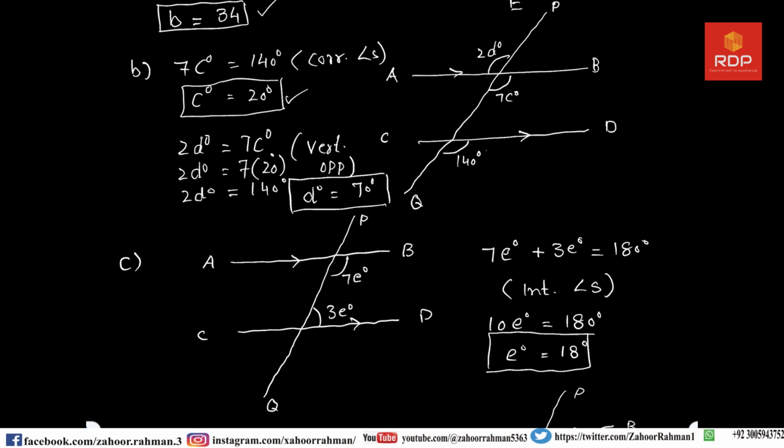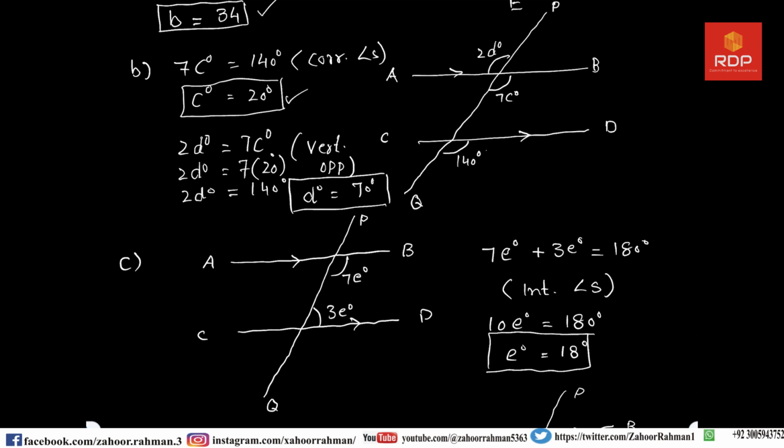Okay, now it is the turn of these two angles, and if you look closely, they are vertically opposite angles. So I wrote 2d degree is equal to 7c degree, because they are vertically opposite.